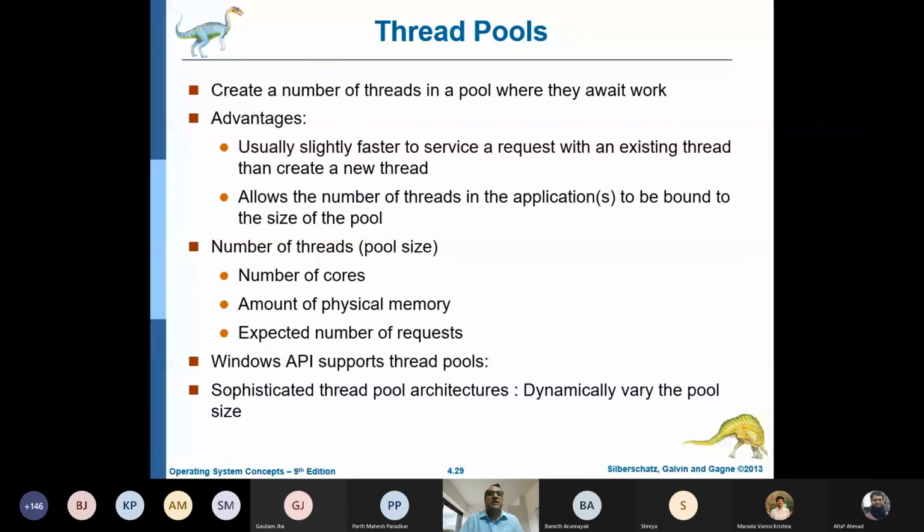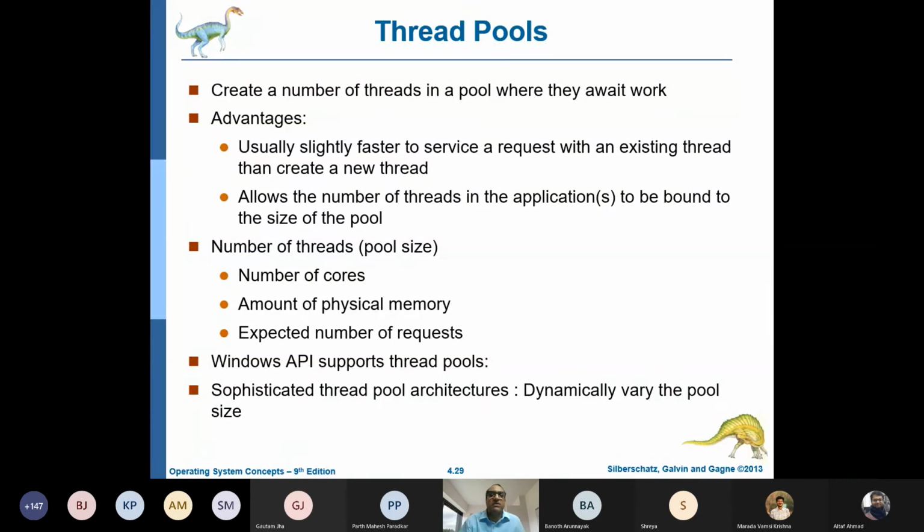So the idea here is that instead of creating a thread as and when the request arrives, you create threads at the beginning itself. At process initiation time, you create a pool of threads, a certain finite number of threads, and those threads wait in the pool. That means the threads are already created and ready, and whenever a request arrives from a client, one of the threads from the pool is picked up, the request is passed on to it, and the thread takes care of that request.